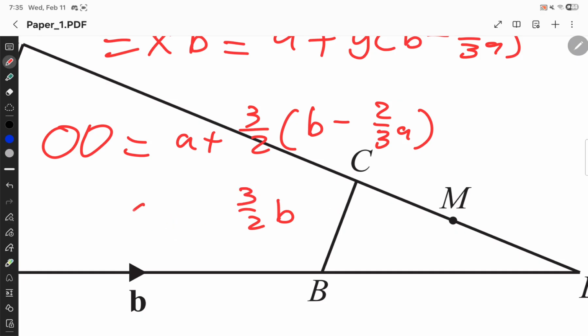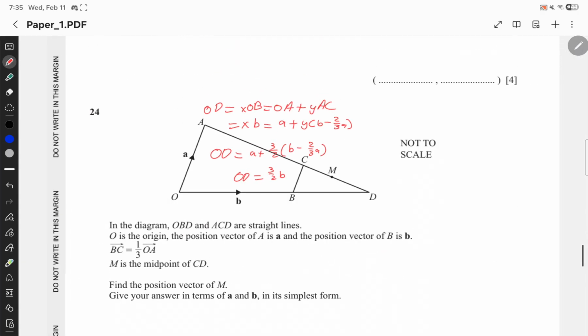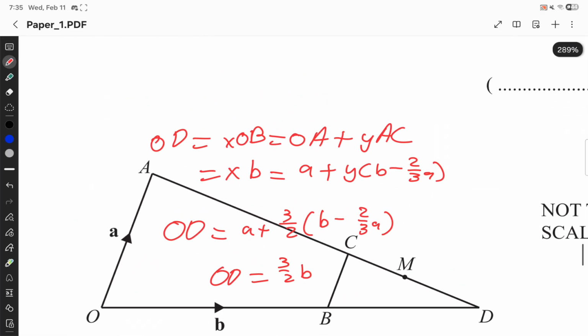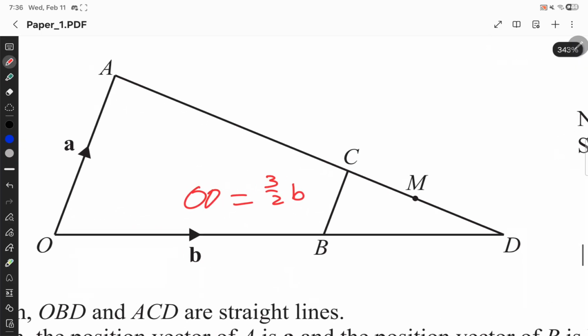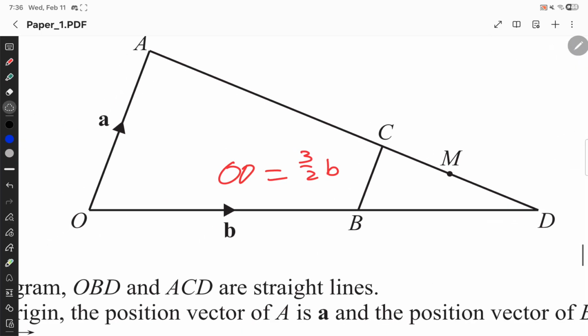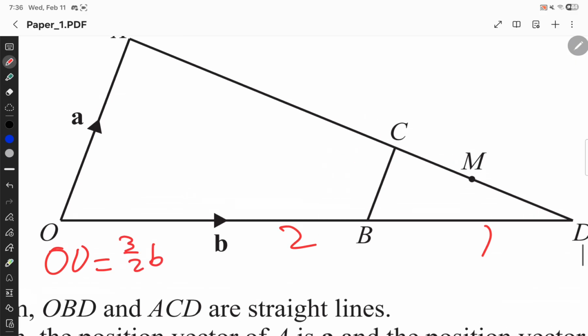So OD is equal to 3 over 2 b. How many marks is this? 4 marks, damn. And it's making me do a lot of work. So this is finally OD. OD is equal to 3 over 2 b. I'll just keep this in mind.